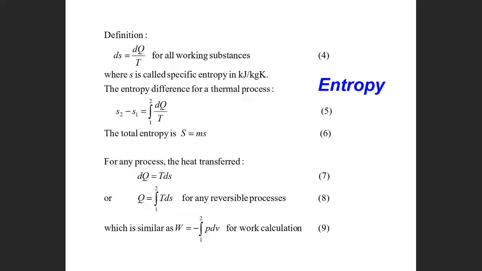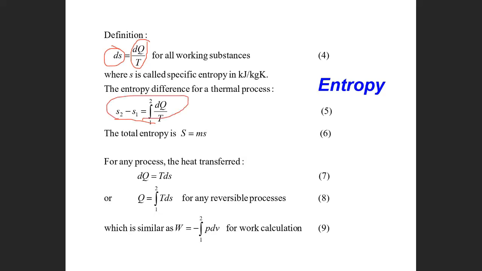And therefore, in fact, we are using differential entropy. We use this equation to calculate the differential entropy for a thermal process. For a reversible process, we can use the equation to calculate the entropy change.